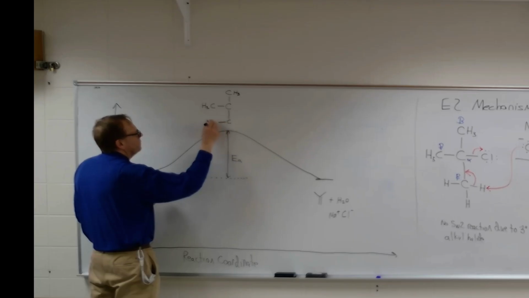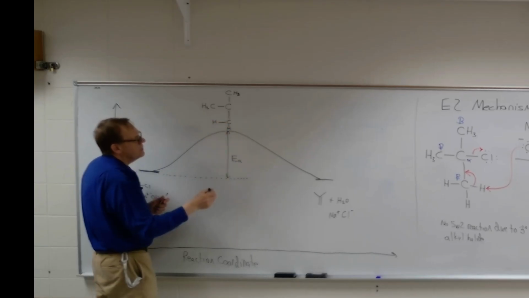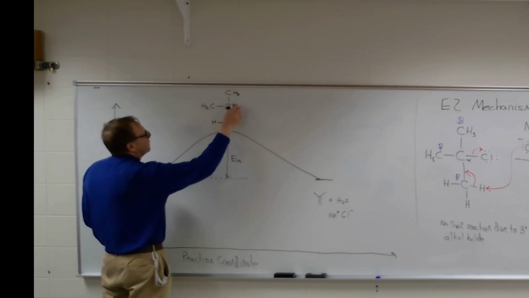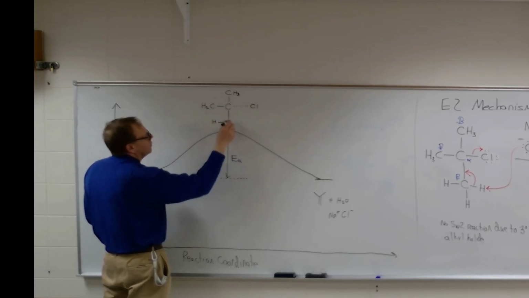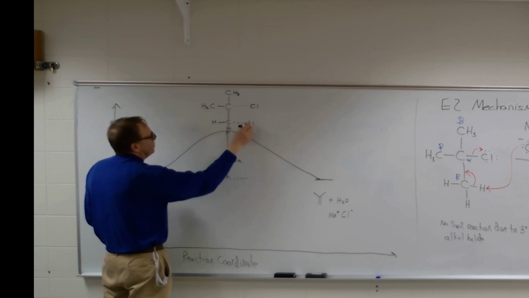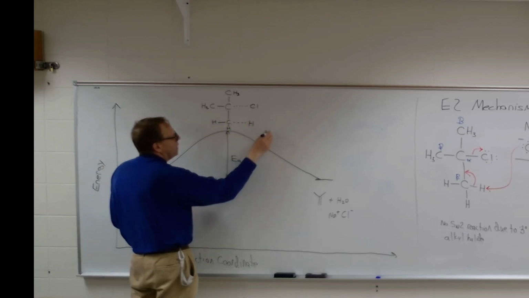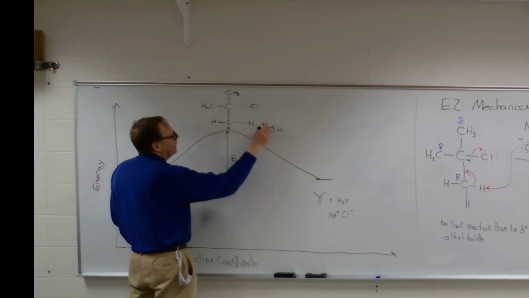So we're going to have some bonds that are not participating, but then the bond to the chlorine is partially broken. We're going to have a bond to the hydrogen partially broken as the hydroxide base comes by to pluck it off.